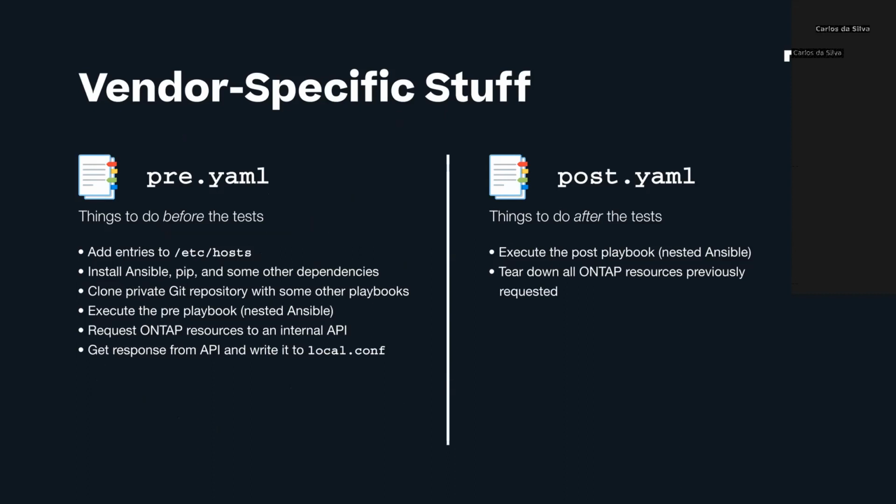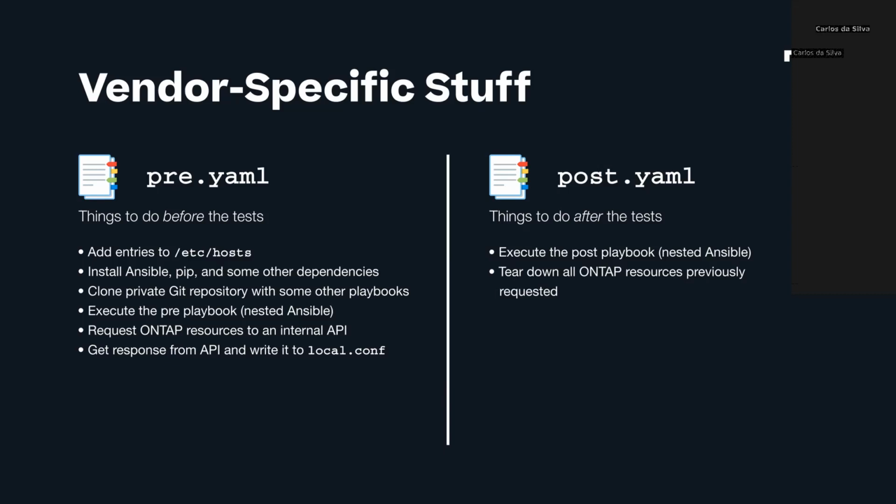In Zuul, you have the concept of pre and post playbooks, which respectively are playbooks that run before and after your actual job, which is running DevStack, running Tempest, and collecting results.